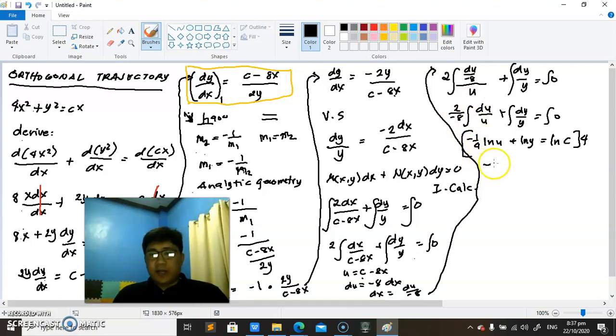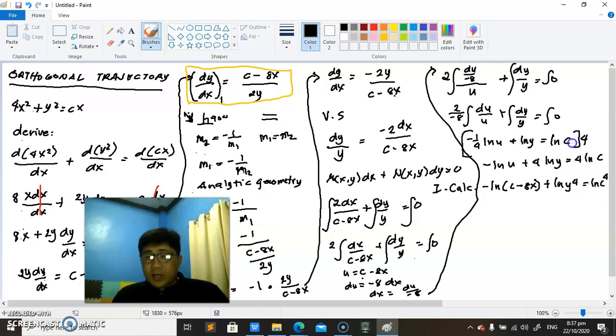Now you have negative ln of u plus 4 ln of y equals 4 ln of c. After that, we need to substitute the value of u. What is our u? We have negative ln of c minus 8x plus ln of y raised to the power 4 equals ln c raised to the power 4.